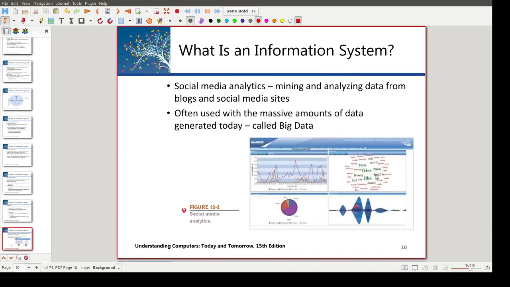Social media analytics is still under the data mining topic. Social media analytics is mining and analyzing data from blogs and social media sites. It is often used with the massive amounts of data generated today, called big data. So you understand from the web page of your product or the Facebook page of your product that customers are happy, or you understand they are not happy, for example.